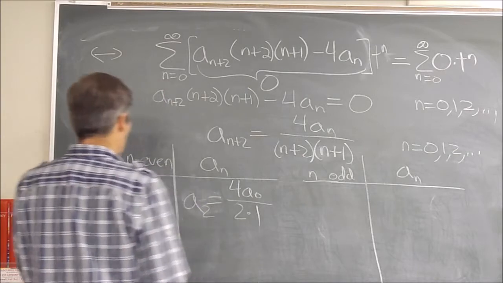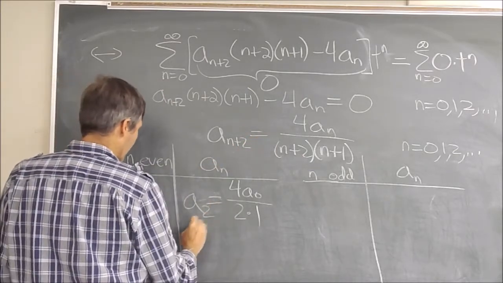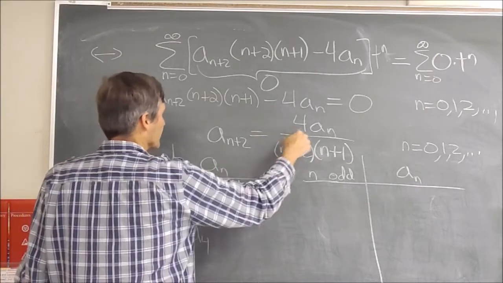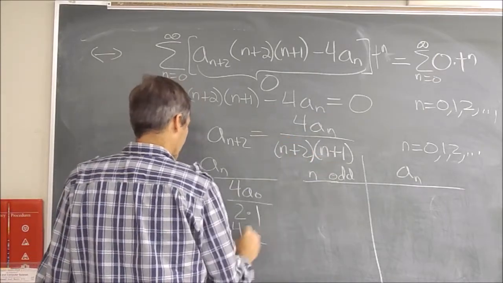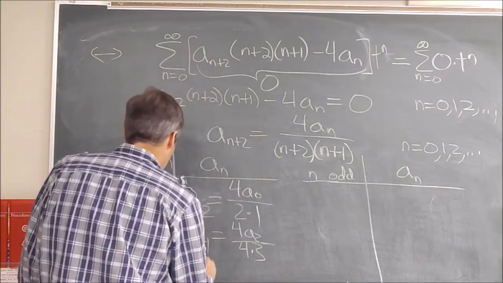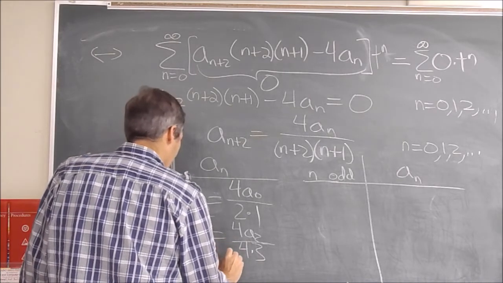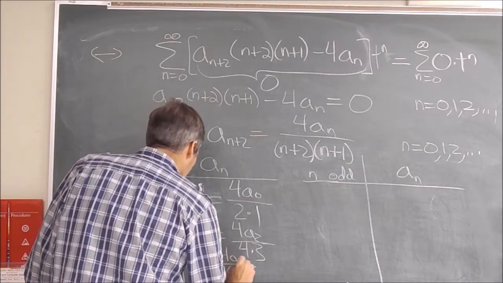Now that's putting n equals 0 in the equation. If I put n equals 2 in the equation, I get a4 on the left equals 4a2 over 4 times 3. And you can start to see a pattern going, right? a6 is now 4a4 over 6 times 5.